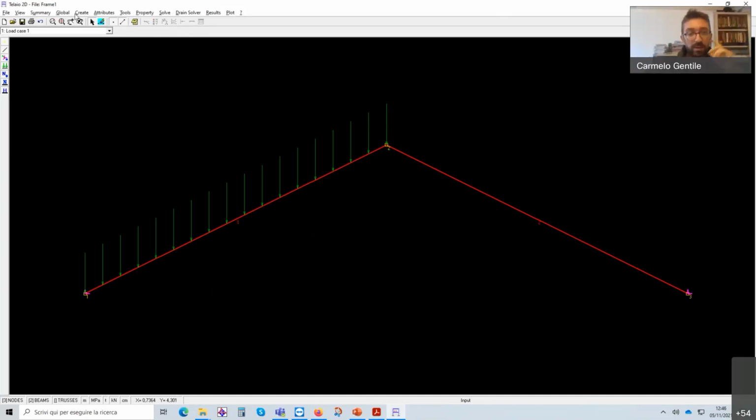Okay, let's just change it, attribute node. Assume that I want to put a vertical roller here. So I want to remove the horizontal restraint. I will go on attribute node restraint here.